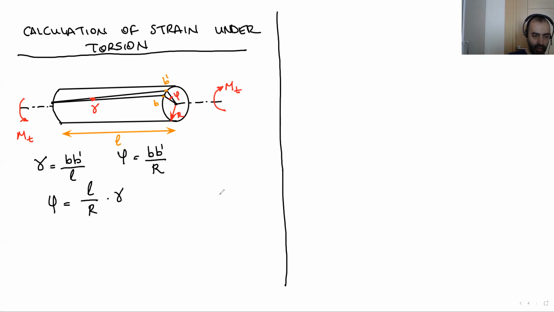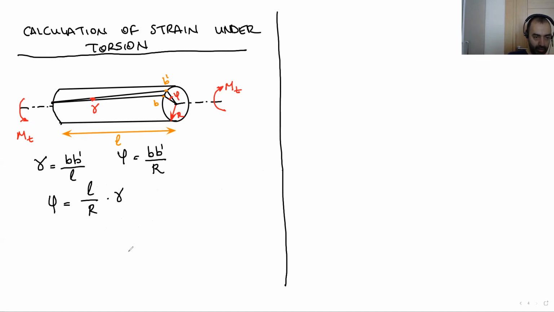Here we have a shear stress. Let me draw how the shear stress works on a member.